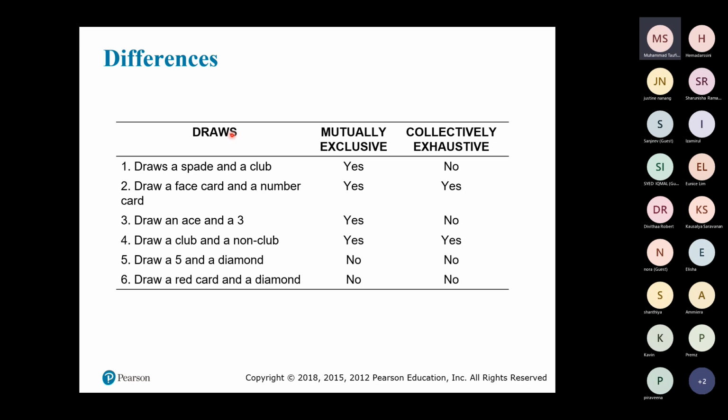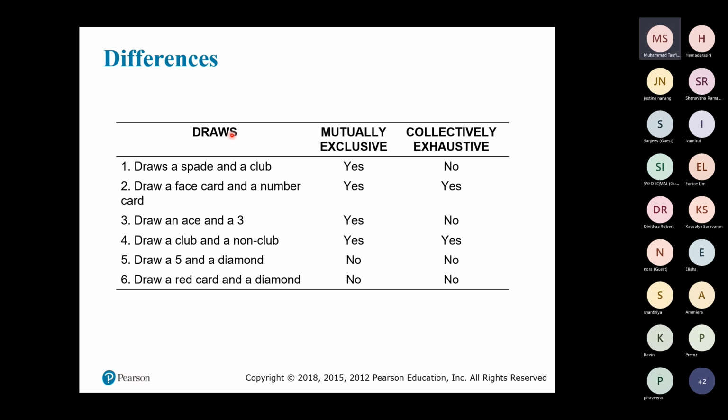Right. And then the second event: draw a face card and a number card. Is the event mutually exclusive? Yes, because there is no number with a face card.